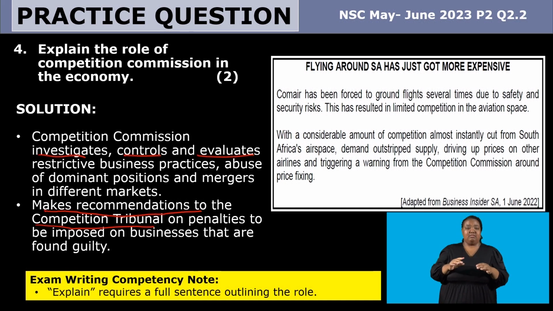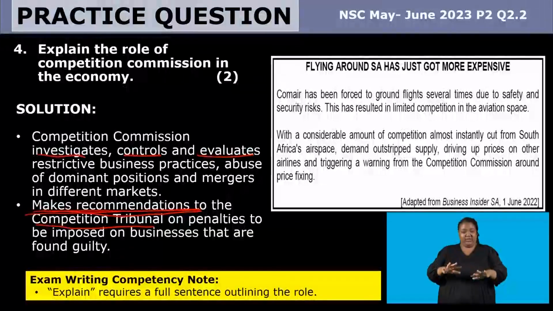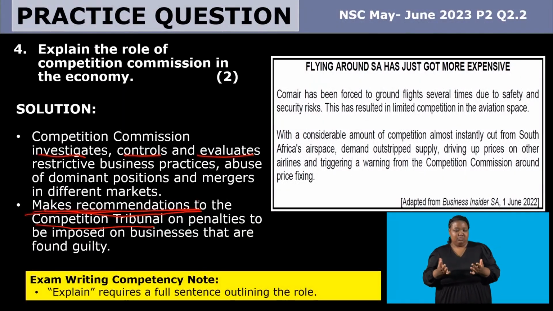So what the Competition Commission does in this instance, they only make recommendations. Remember, we've got 3 institutions: the Competition Commission, the Competition Tribunal, and the Competition Appeal Court. So the Competition Commission, after making their investigations, makes recommendations which they give to the Competition Tribunal. Okay.